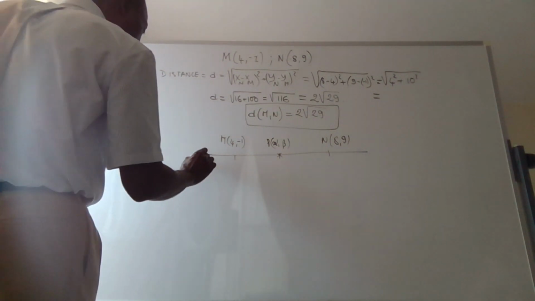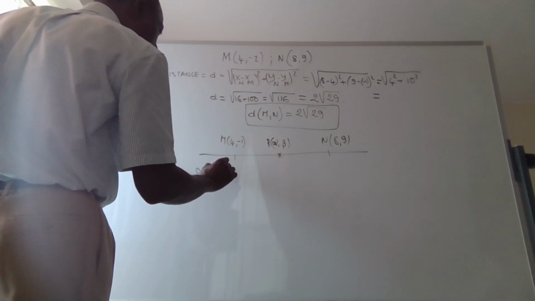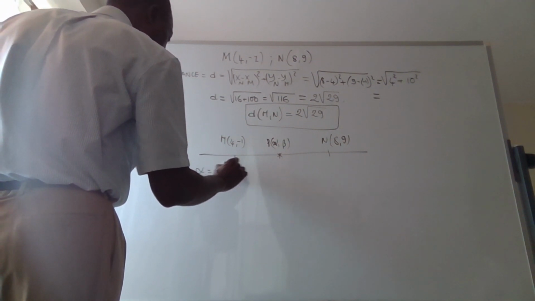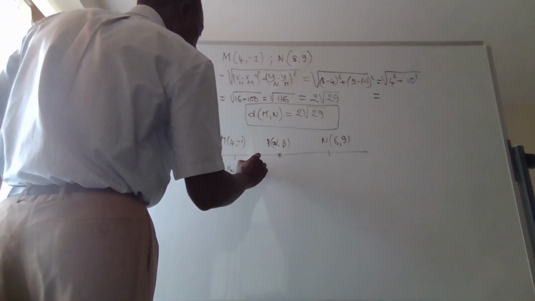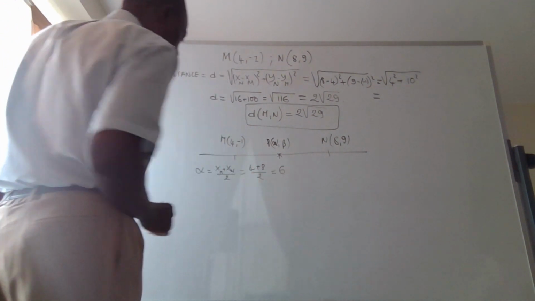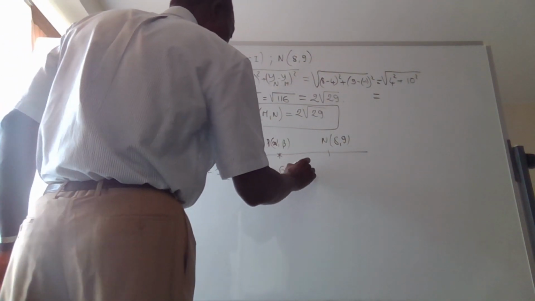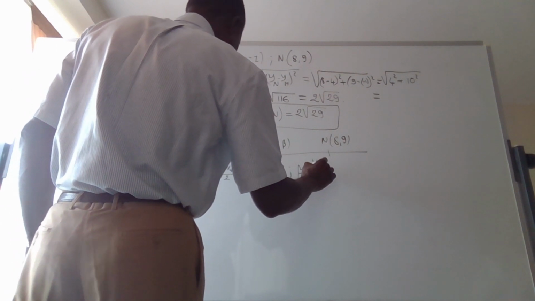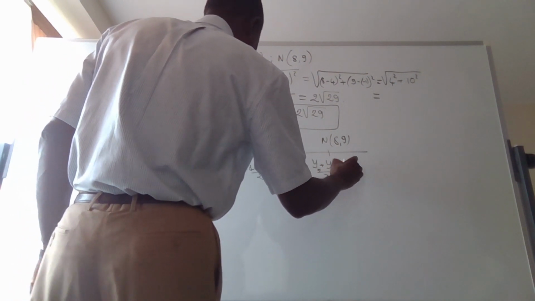So alpha is going to be xM plus xN divided by 2. This is 4 plus 8 divided by 2, which equals 6. And beta is going to be yM plus yN divided by 2.